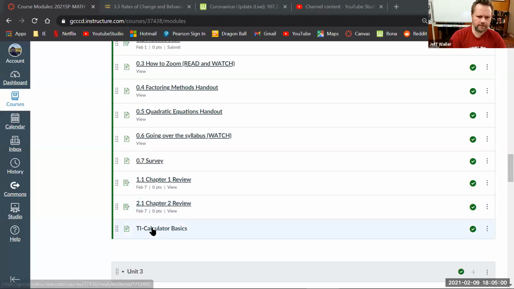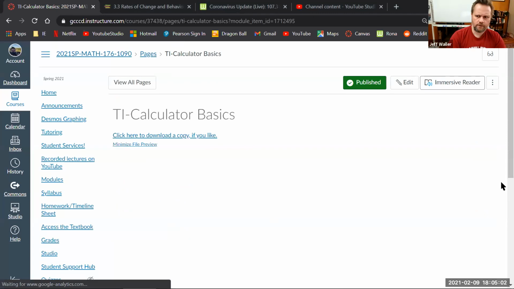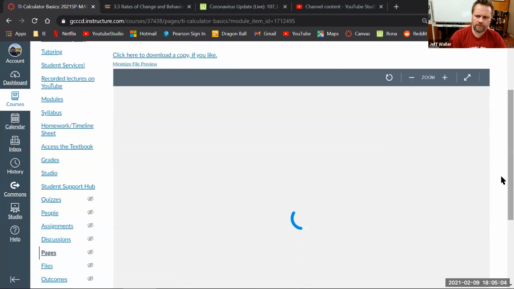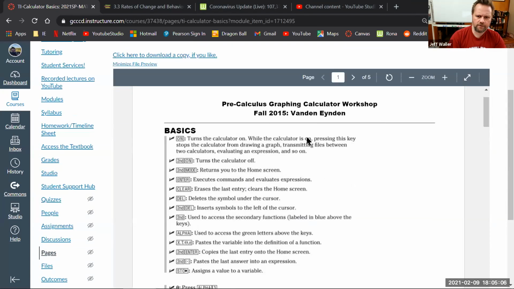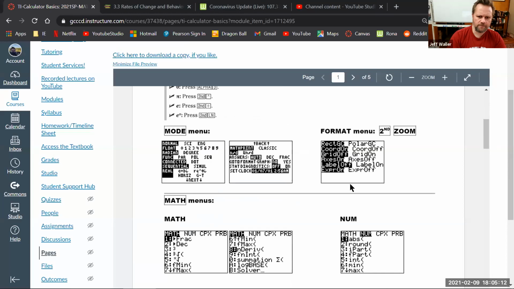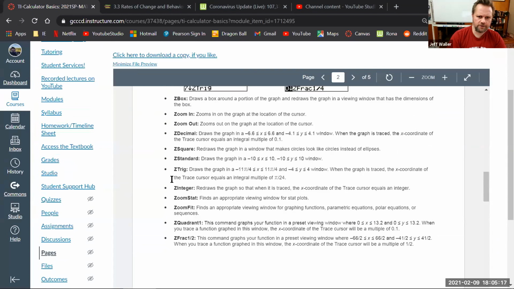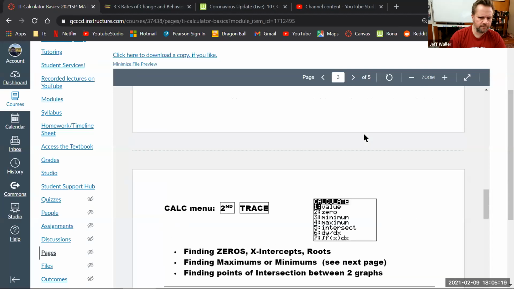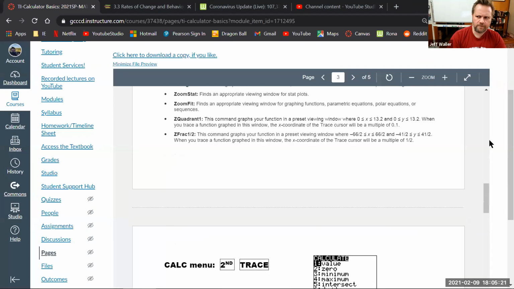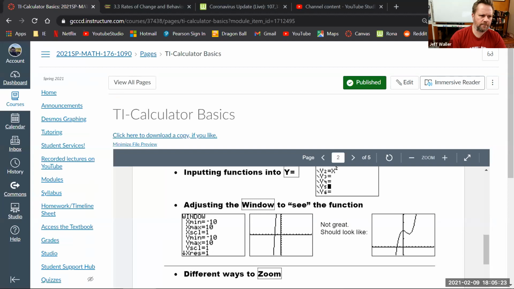There's the TI calculator basics, which might be the sheet they're going to use. Here's when Jenny did her workshop back in fall 2015. This is not that bad. It goes into the zooms and what the zooms do. You guys semi with me? That's something she used for a workshop a while back.